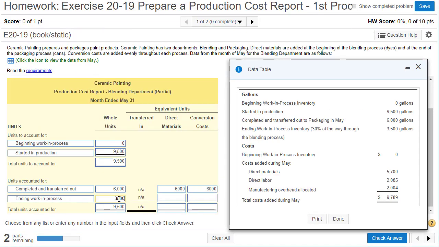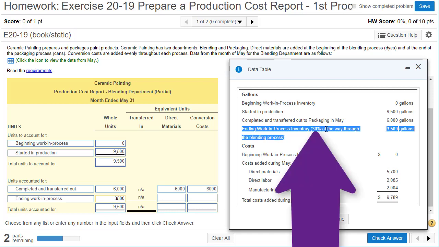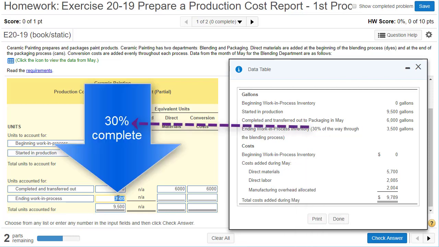And in this case, we got 3,500 of them. So now we got to figure out, of these 3,500 unfinished units, notice this ending work in process, they are 30% of the way through the blending process. So technically, these 3,500 units are 30% complete. So now we have to figure out what percentage of them have the direct materials attached to them.